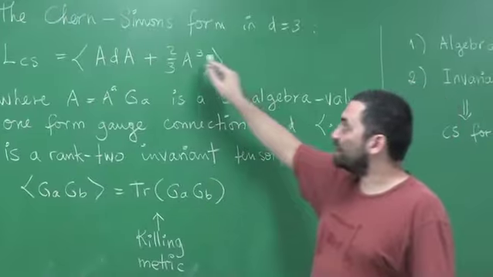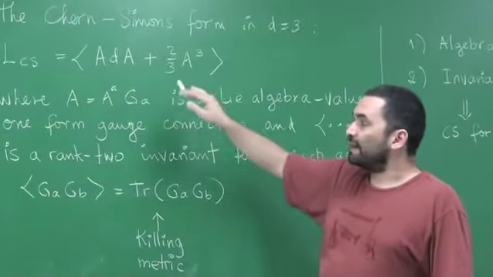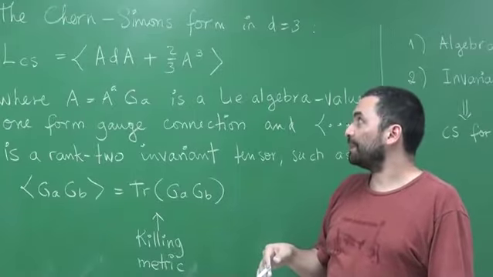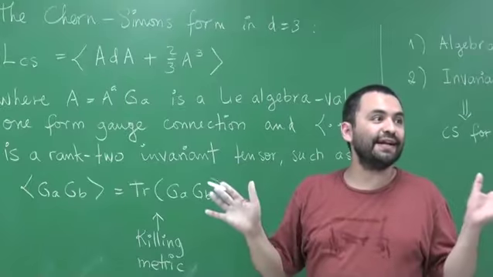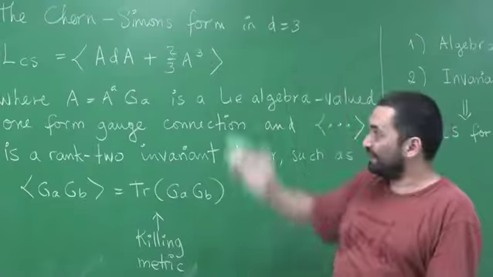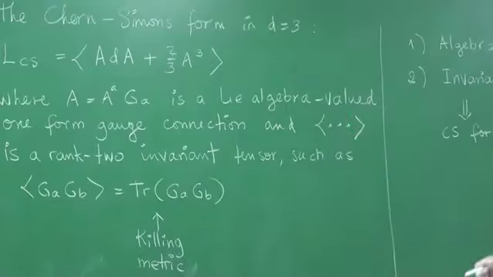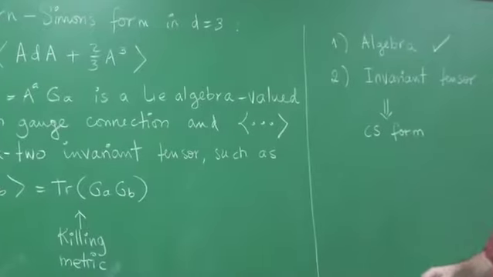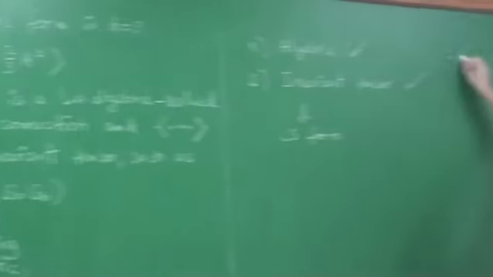And this expression is pseudo-invariant under a gauge transformation. You can show it in full generality. So it changes by a total derivative. And you only need these 2 ingredients. And here our algebra is anti-de Sitter.